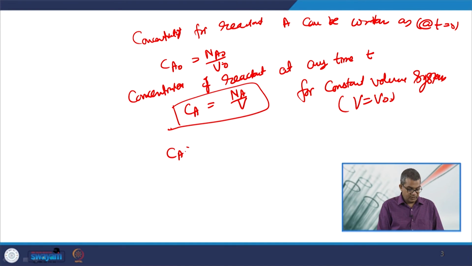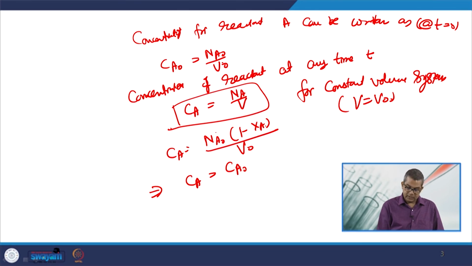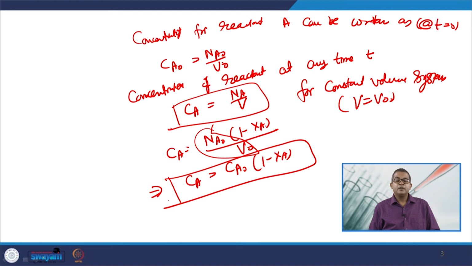So, Ca is equal to Na naught (1 minus Xa) upon V naught, or Ca is equal to Ca naught (1 minus Xa), because this becomes the concentration term Ca naught. So, this equation represents the concentration of reactant A in the system.